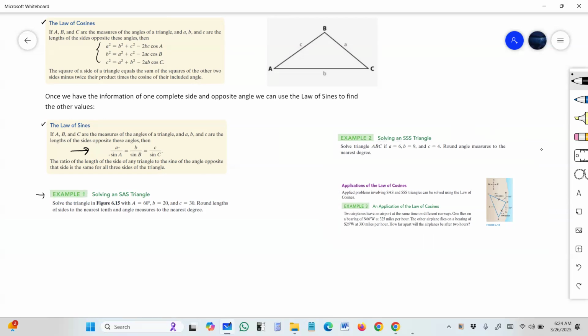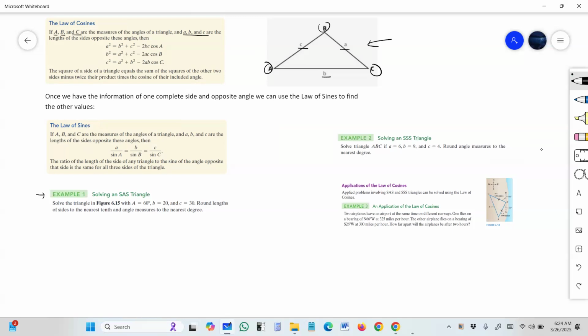All right, so the question is solve the triangle with, by the way, let me just mention this. Take a look at the law of cosines. In capital letters, we have the angles A, B, and C on an oblique triangle. So all of the capital letters are the angles. All of the lowercase letters are the sides.